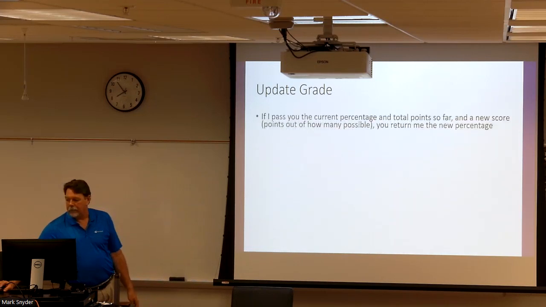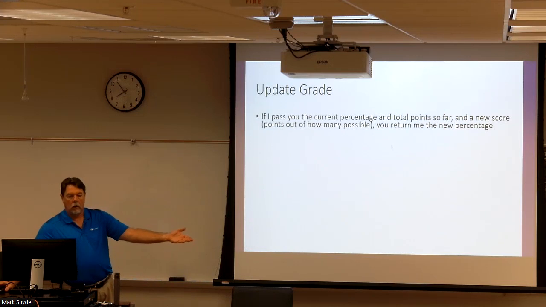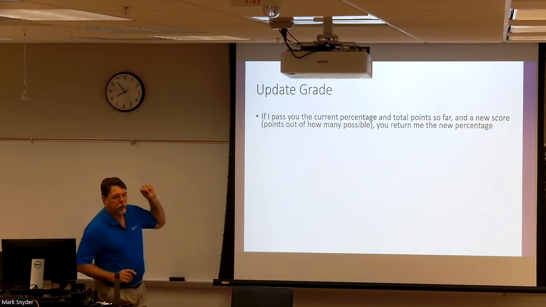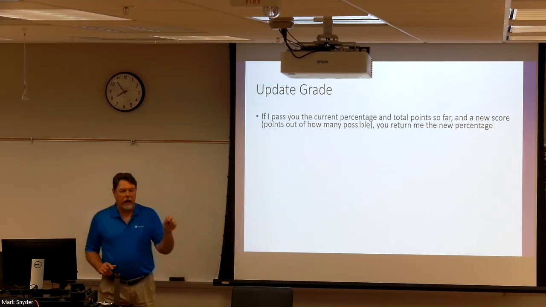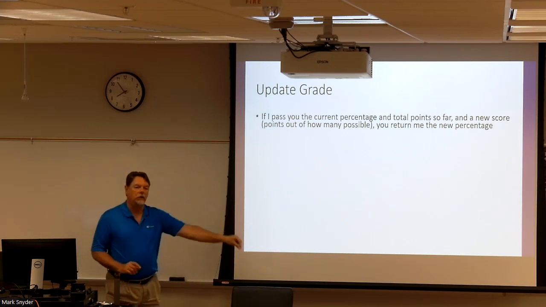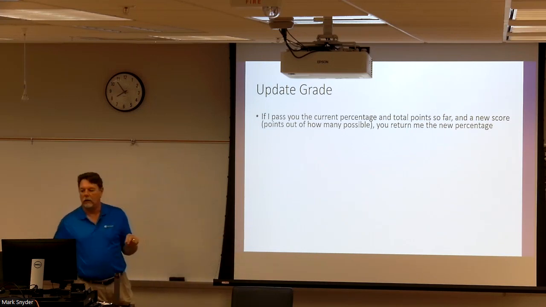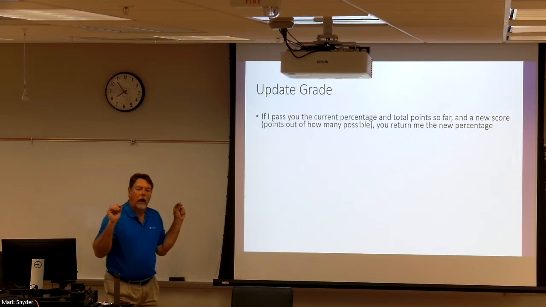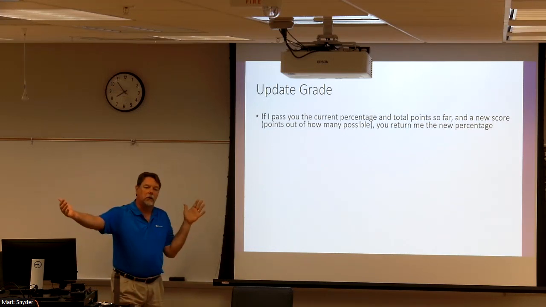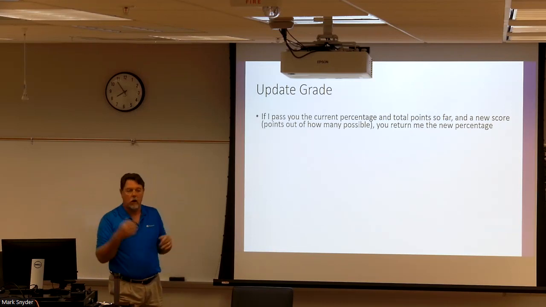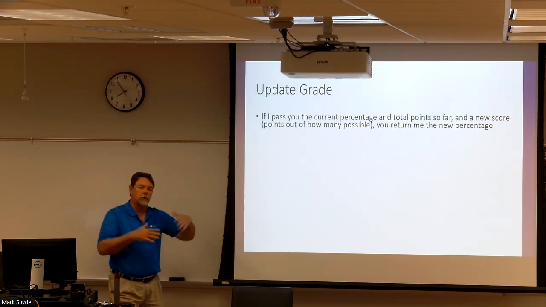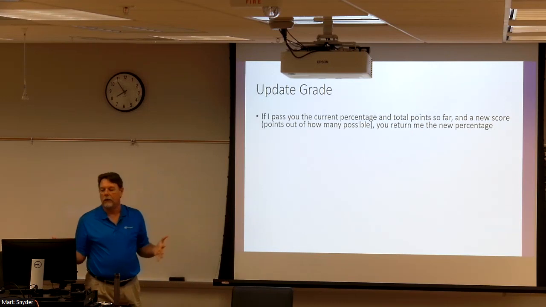Okay, here's another example. If I pass you a student's current percentage grade, they're making 85% or they're making 92% in the class right now. And I have to give you how many points possible. If we had 500 points possible in assignments so far, or 200 points possible total so far in the semester.